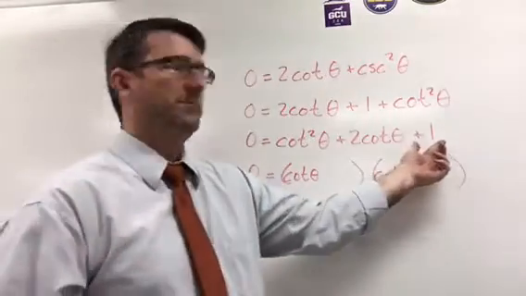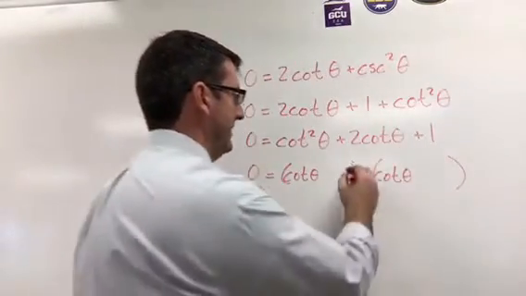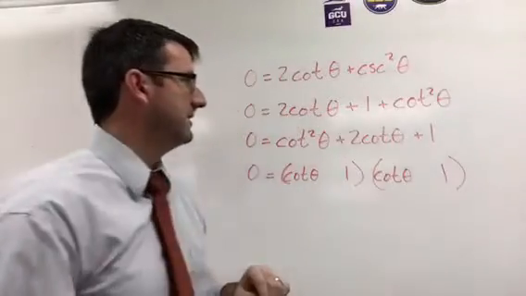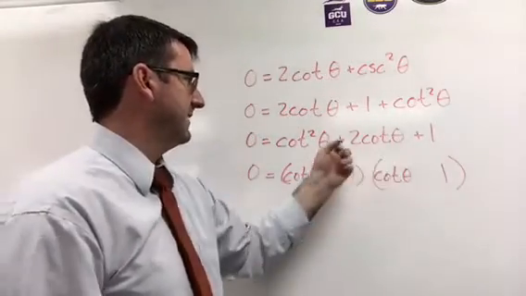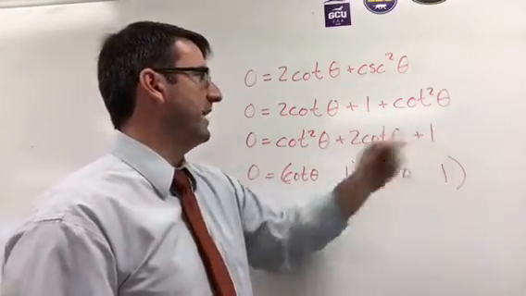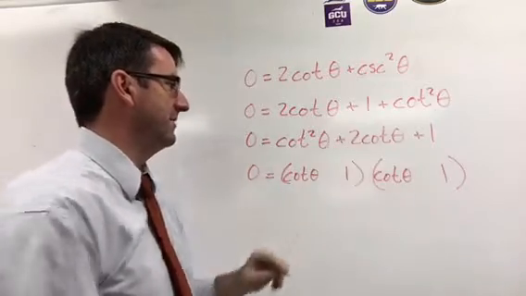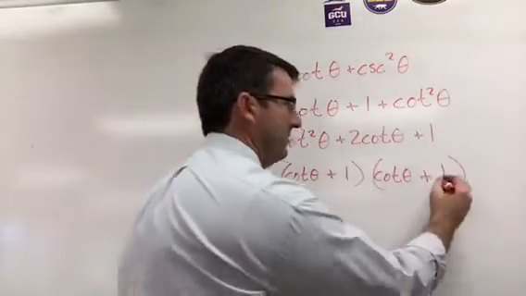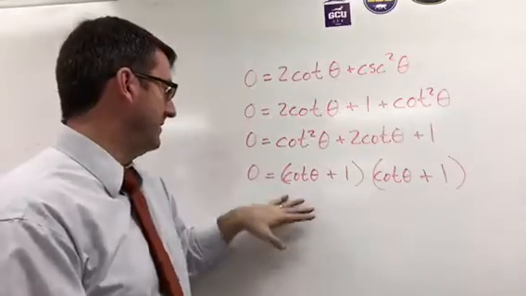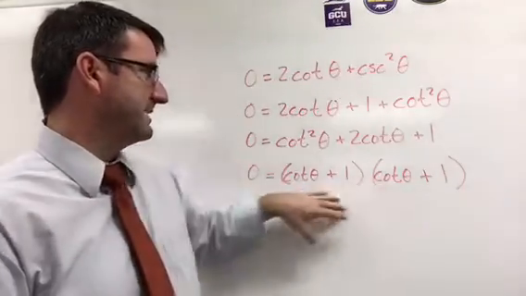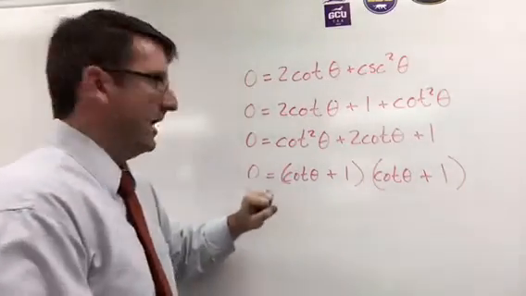And then to multiply to positive 1, we need our last terms to be positive. And if they're multiplying to a positive and adding to a positive, these both have to be positive.